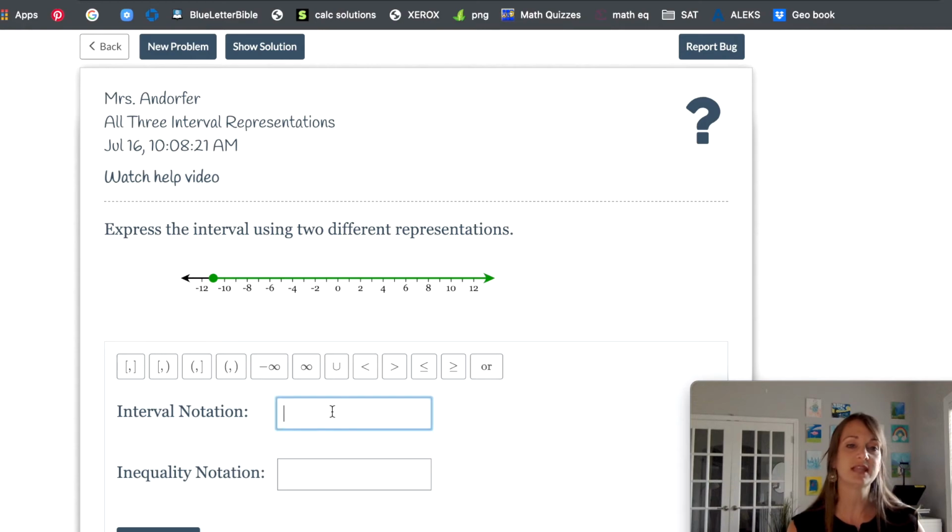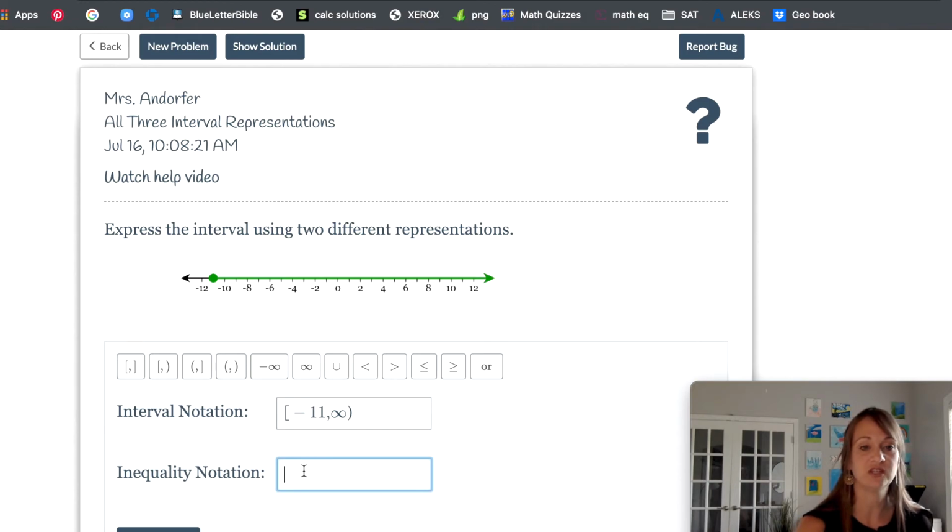So the interval notation would use a bracket because it does include negative 11, and then it's all the values to the right of that, so it would be the infinity sign. And if we were to write it as an inequality notation, it would be x is greater than or equal to negative 11.